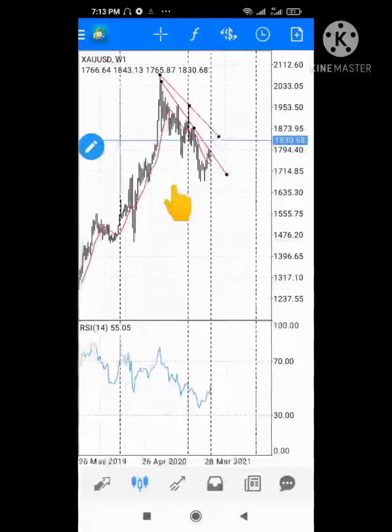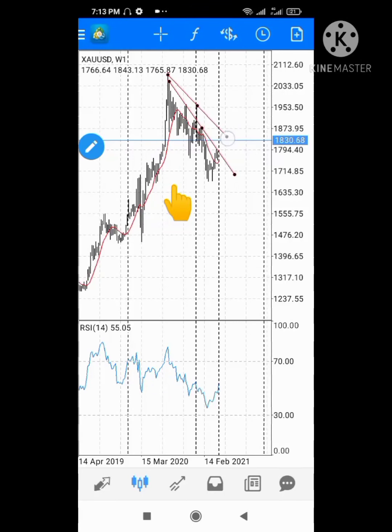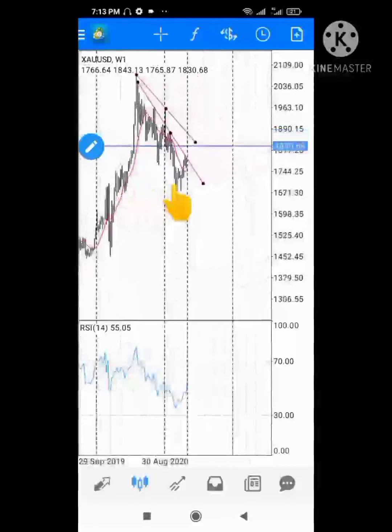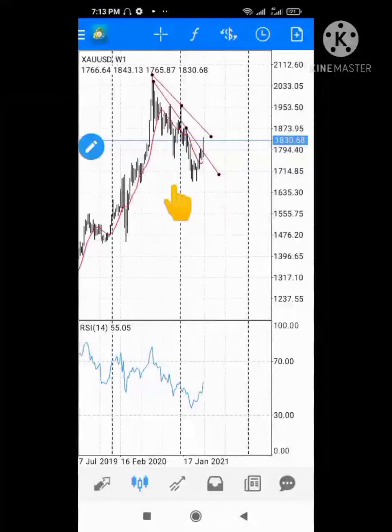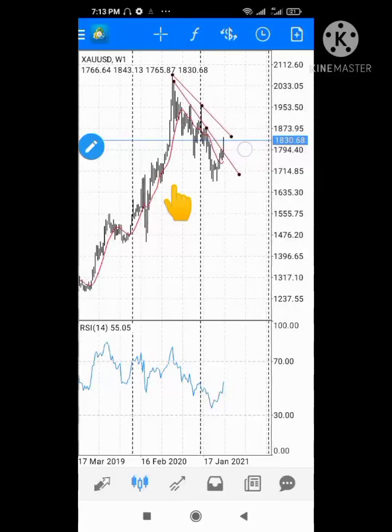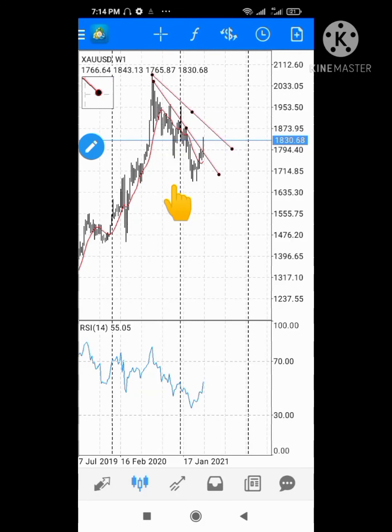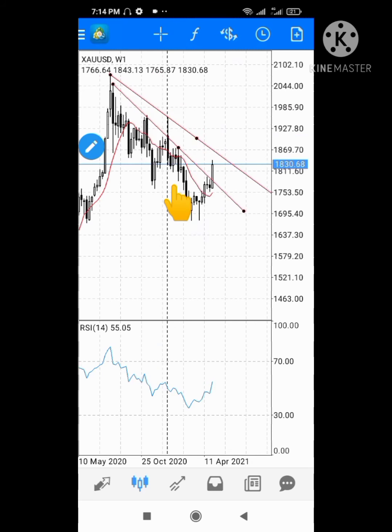Be patient as I try to stretch it longer. Let me zoom. So I've stretched it. Since the market came up here, touched it, and came down here, we're expecting this one to come down here.